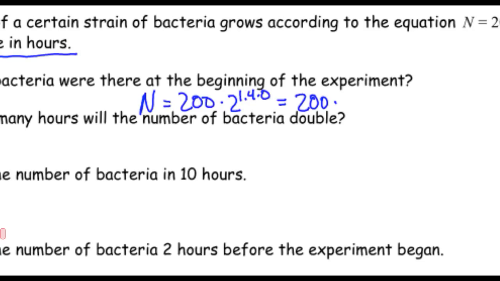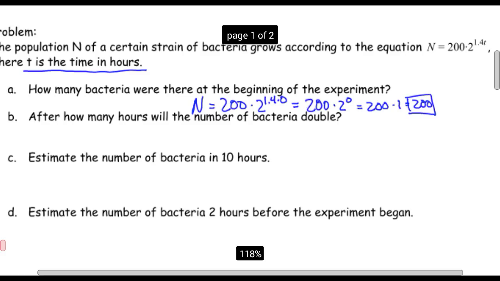So 200 times 2 to the 1.4 times 0, which is 0. 2 to the 0 power is 1. So 200. So how many bacteria were present at the beginning of the experiment?